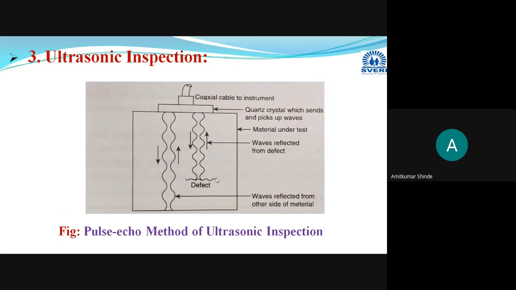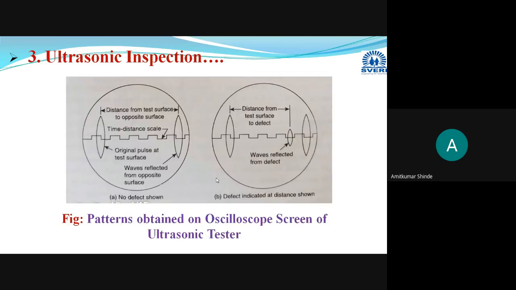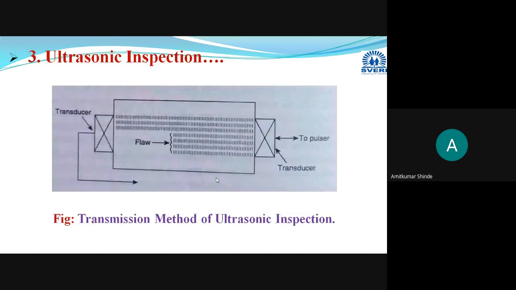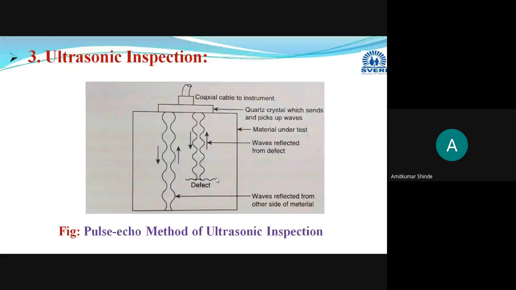Here in this ultrasonic inspection, first we have to understand the concept, and after that we are going to discuss the two types of ultrasonic inspection. What is the concept or principle here? In this ultrasonic inspection we are going to use ultrasonic waves.